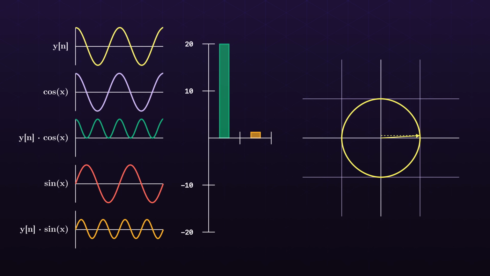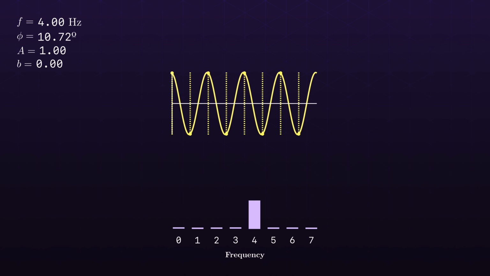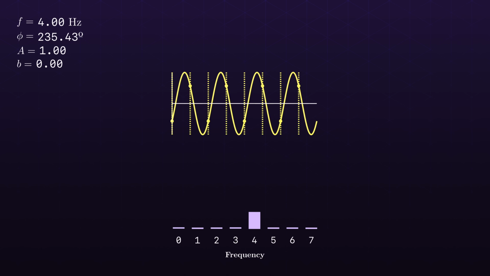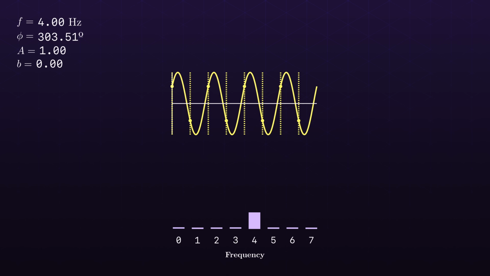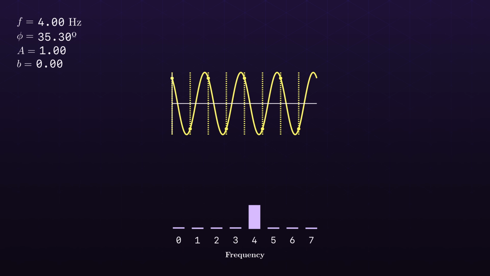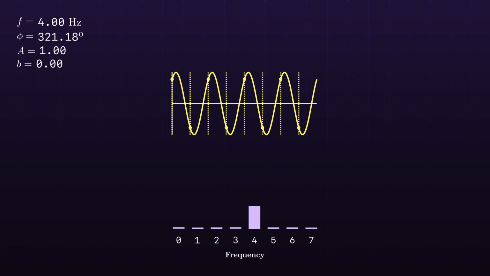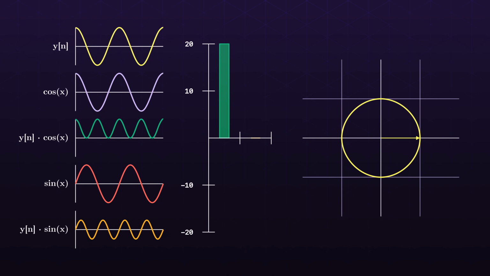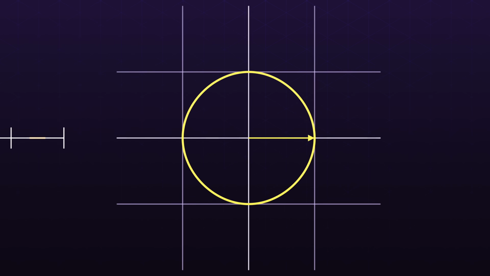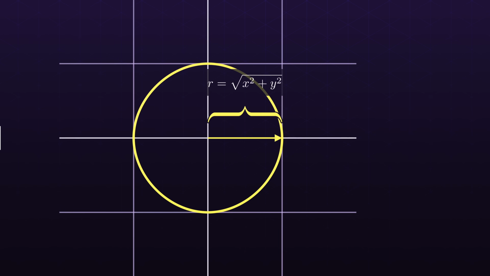As a reminder, the original issue we're trying to solve here is as we were changing the phase of our signal, we were getting different frequency contributions from the test transform. What we want ideally is a way for our frequency contribution to stay the same regardless of phase. Can we use a feature of these coordinates that trace a circle to give us a value that stays the same regardless of the phase? As some of you might have already guessed, it's the radius, or more concretely, the magnitude of these coordinates.